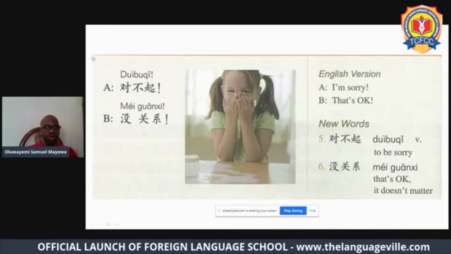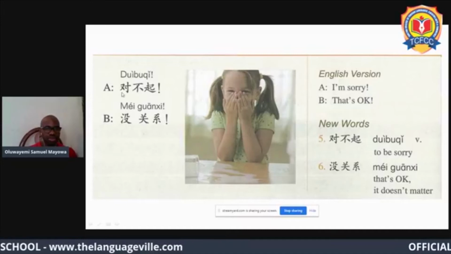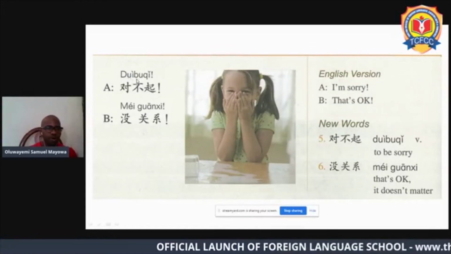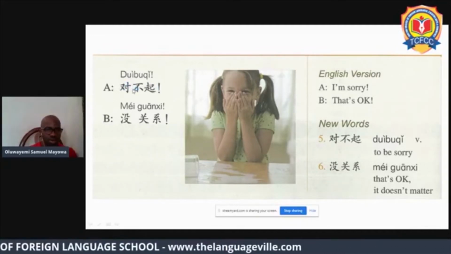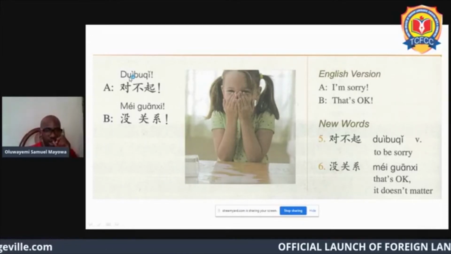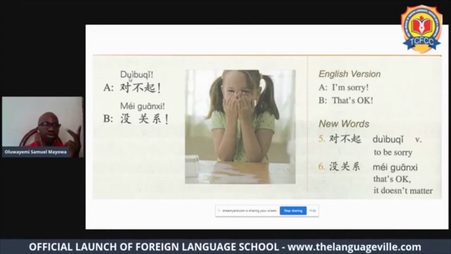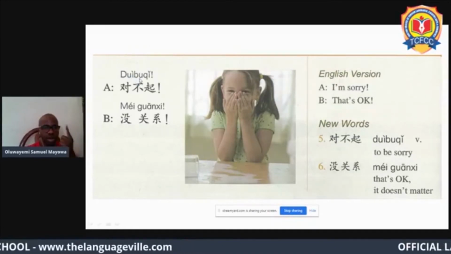Now taking it to another character, which is dui bu qi. Dui bu qi means sorry. For each syllable in this word, each syllable has an initial, a final, and a tone.